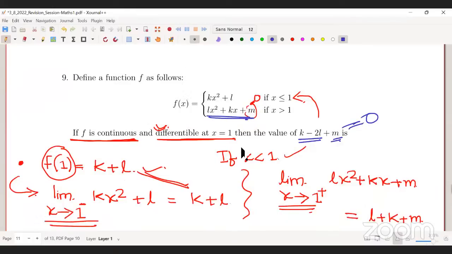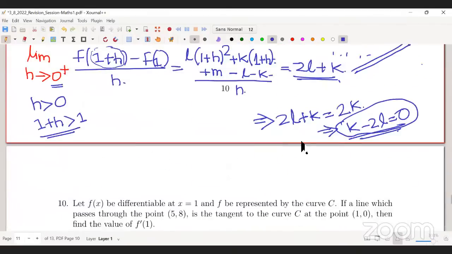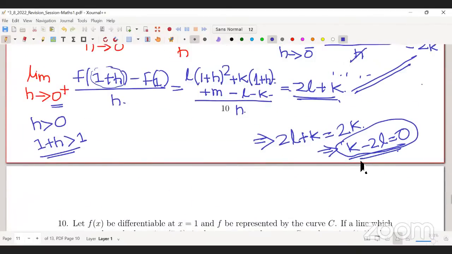No, actually here this function can have multiple values of k and L. Because I can take k to be 6 and L to be 3. At the same time, I can take k to be 8 and L to be 4. So it can have multiple values of k and L.